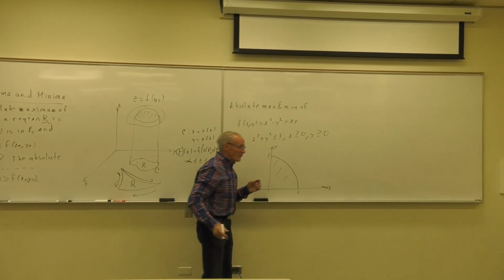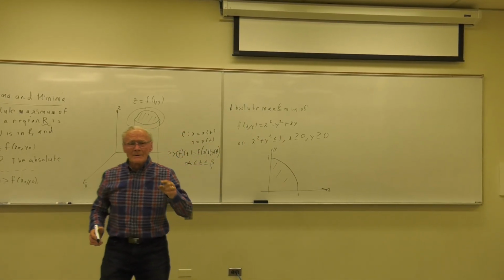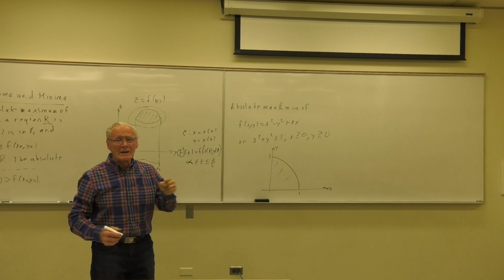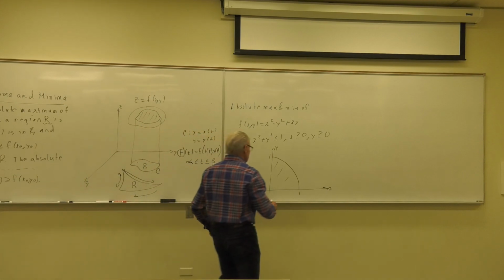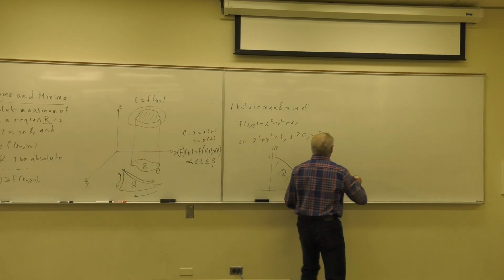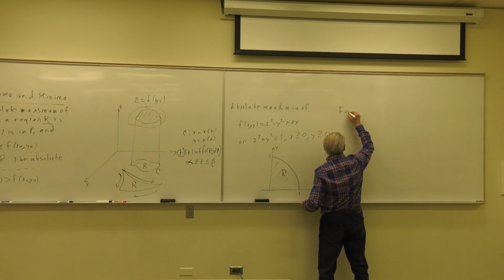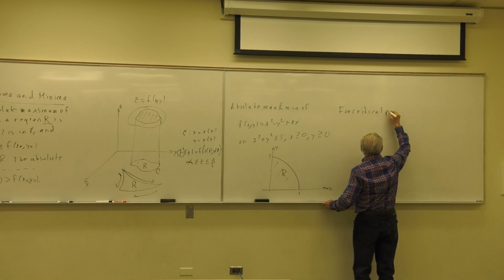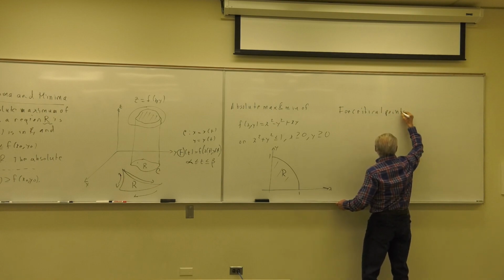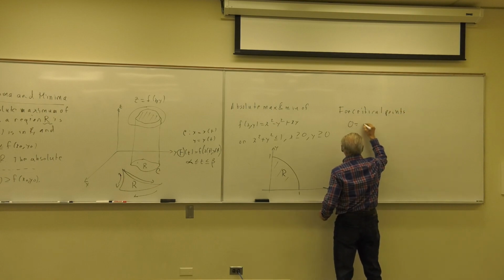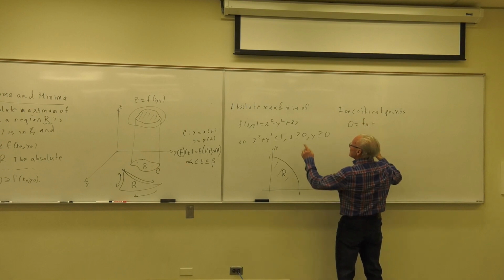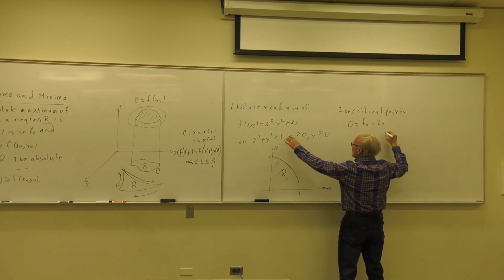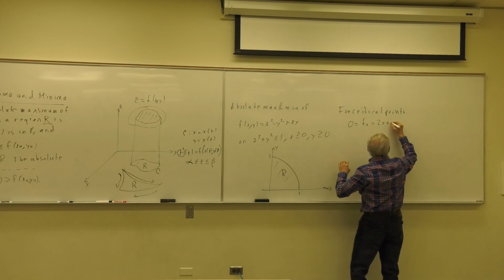So the discussion before said, first of all, find the critical points inside the region. This is the region R. So let's go for critical points. We will look at 0 equal to f sub x. That's equal to 2x plus y.